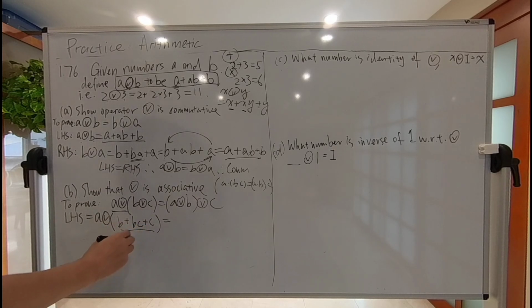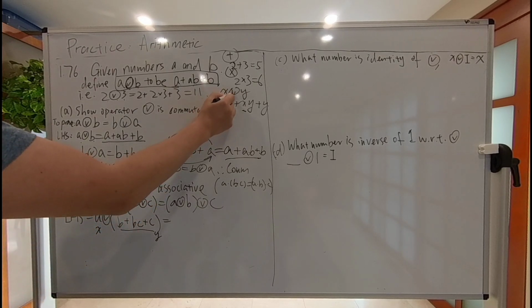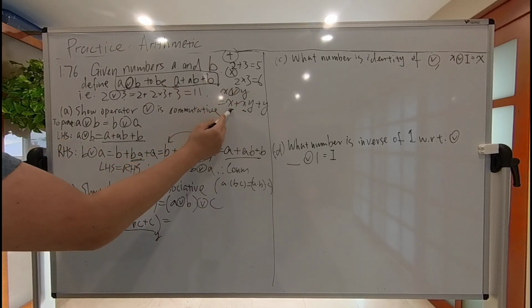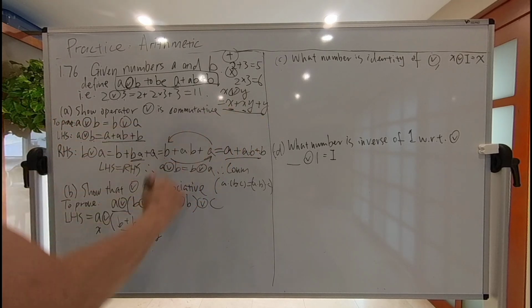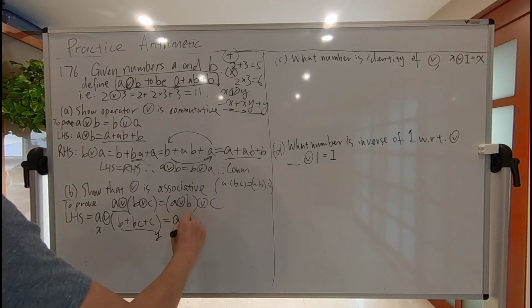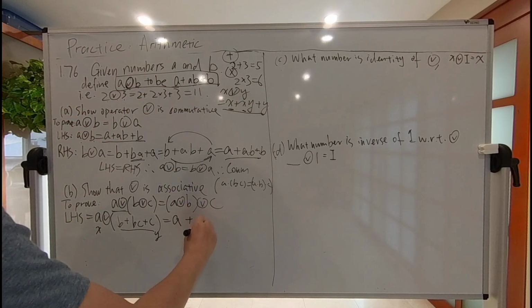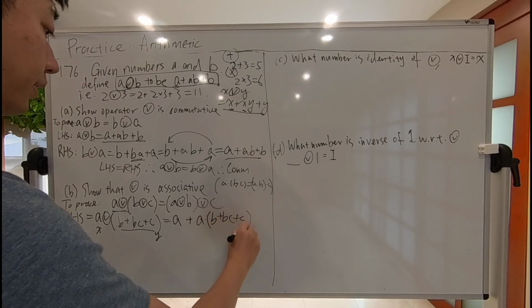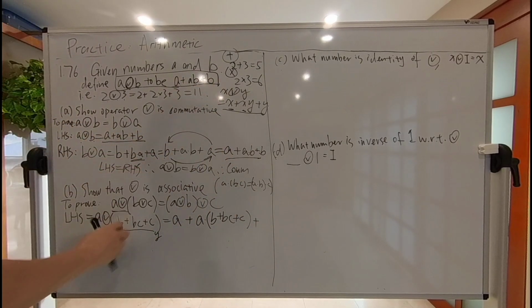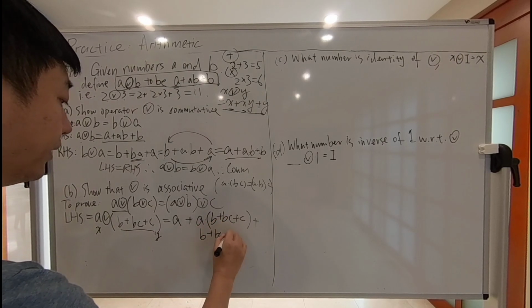If you couldn't understand it this way, you can replace this as Y and this as X, and simply plug the values of X and Y back into the formula. So then A plus the multiplication of the two terms, which is A times B plus B, C plus C, and then plus the second term, which is B plus B, C plus C.